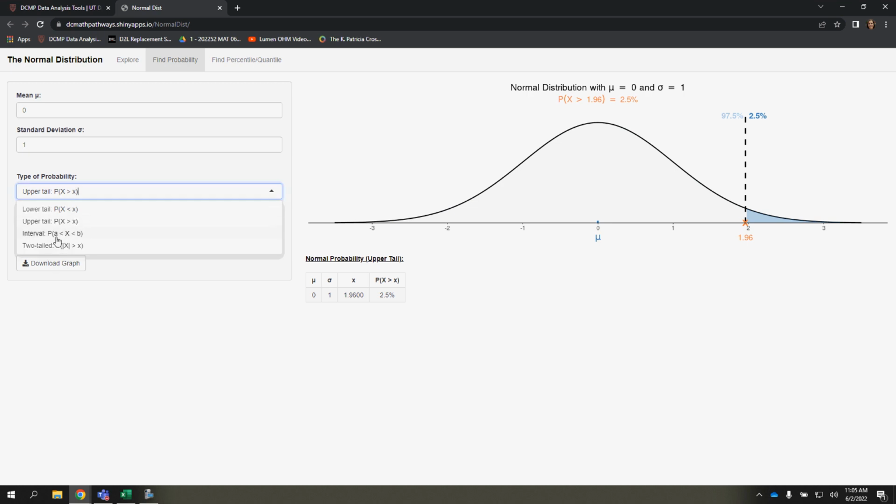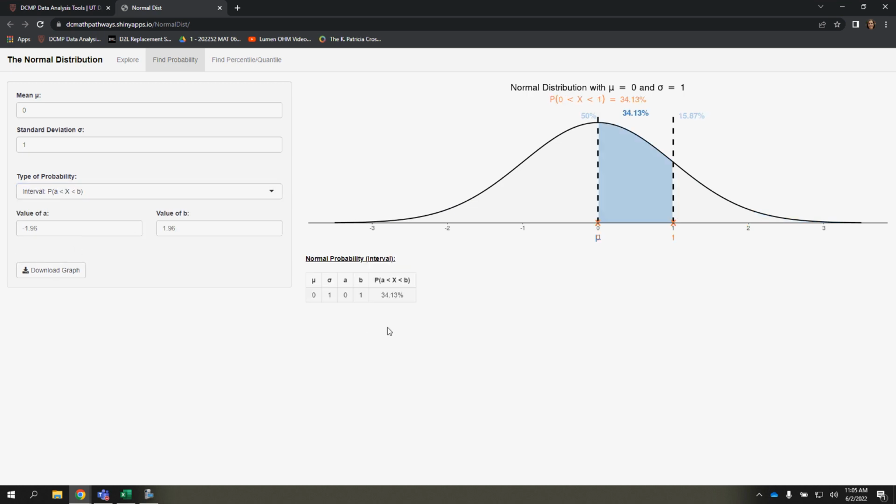If you wanted an interval between values, then you would just specify what values you're looking for. So maybe I want this between 1.2 and 2.2. You'll notice that now our shaded region is to the right of the mean between 1.2 and 2.2, and it's visually showing us that value and then what that probability is. As a percentage, it's 10.12%. As a probability, it would be 0.1012.